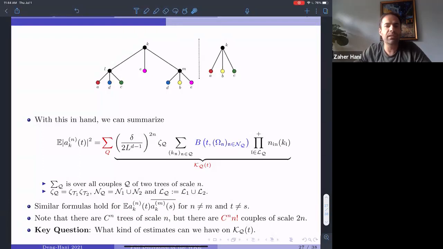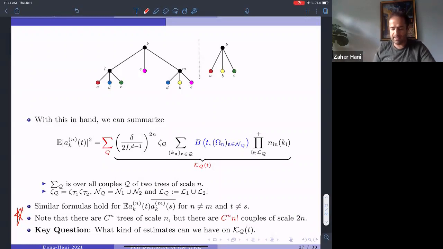So the key point here, and this is the central point, is the following. The number of ternary trees that appear is C to the n. There are only C to the n trees. But if you also assign pairing of the leaves of those trees, then for each such tree, there are n factorial pairings that are admissible, if you have a couple of trees whose total scale is n.